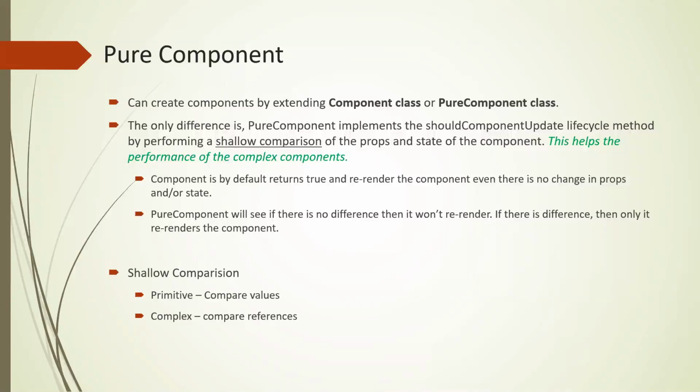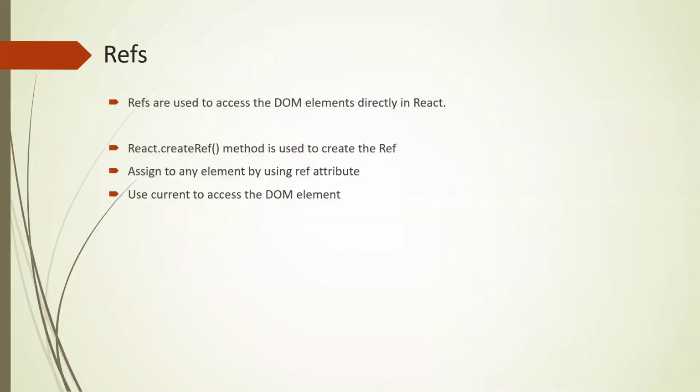It purely depends on the functionality you would like to implement and the other constraints you have to consider. So that's about pure components. This is not an advanced concept, but it helps applications improve performance drastically.